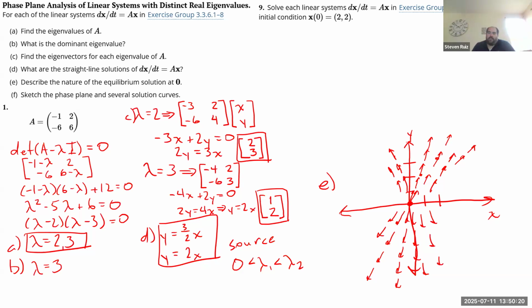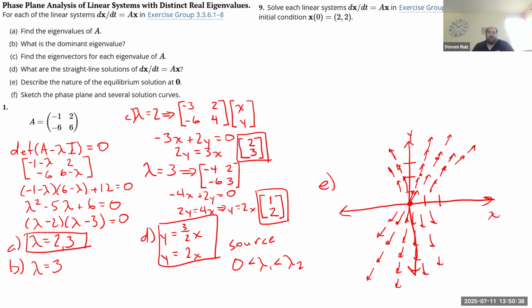What else? Again, we have a dominant eigenvalue, but our slopes or our eigenvectors are so similar. It's a little bit harder to draw a vector that is obviously with a slope of 2 rather than with a slope of 3 over 2.